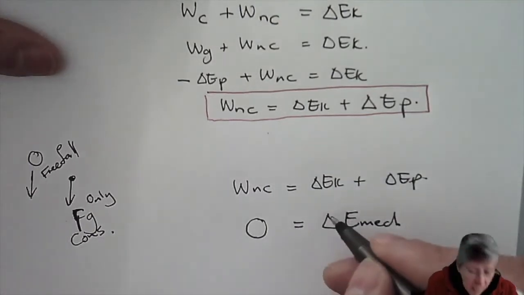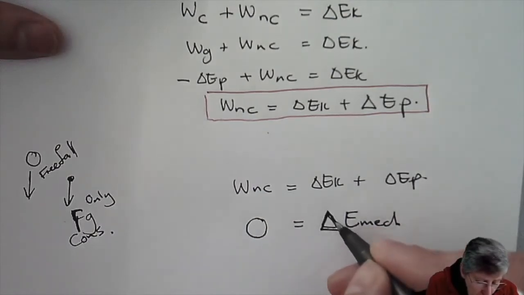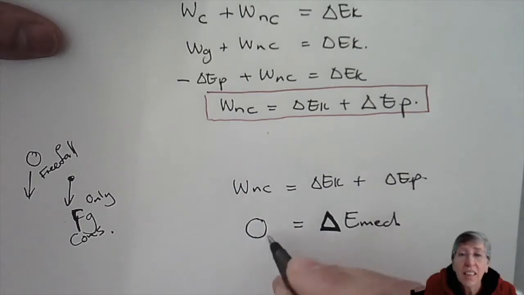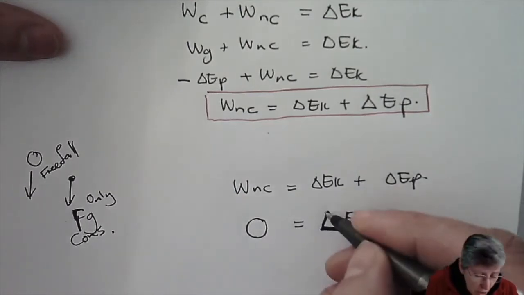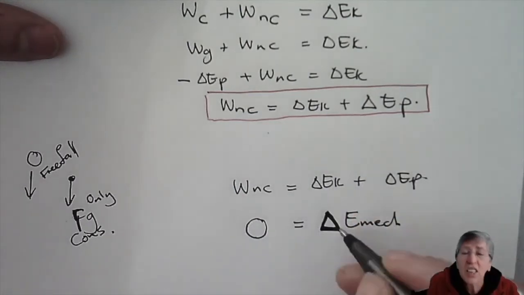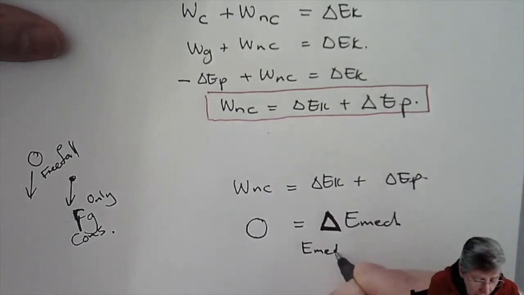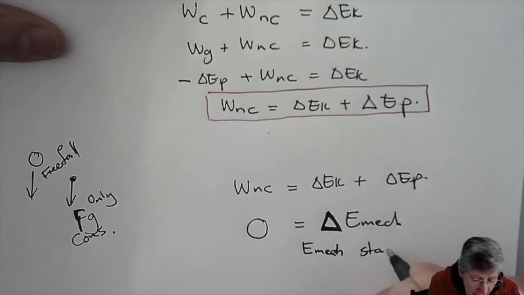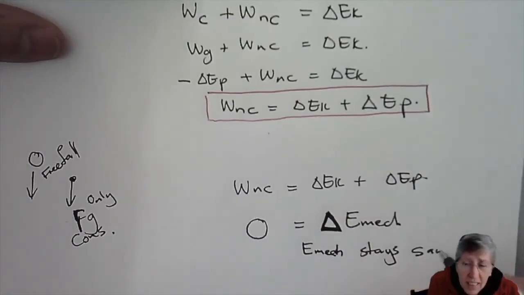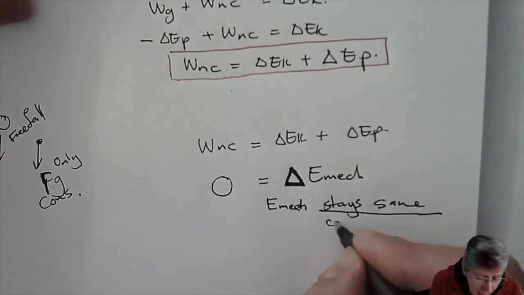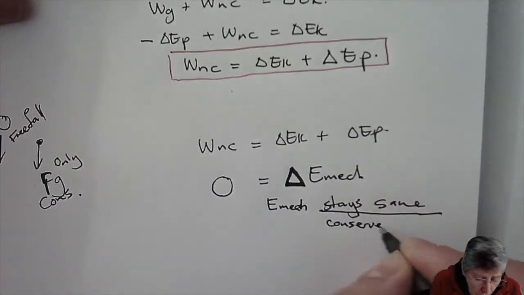And if there is no change, right? It's not the mechanical energy that is 0. There's no change in mechanical energy. And if it's not changing, then it tells me that E mechanical stays the same. Right? It actually stays the same. And stays the same, that means it is conserved. That is what conserved means.